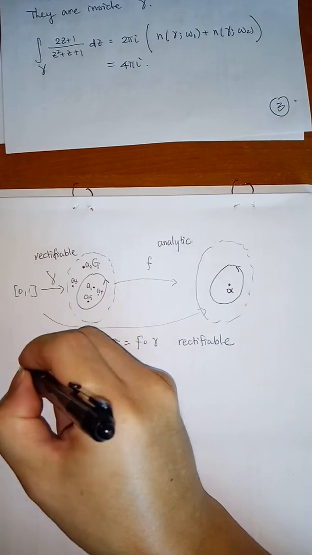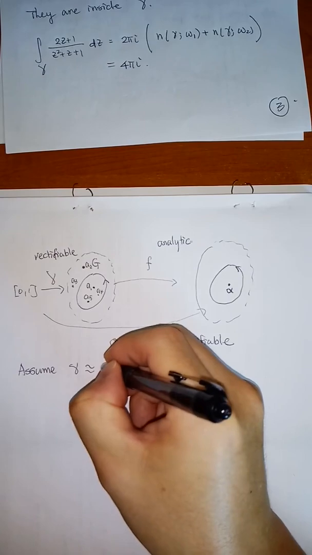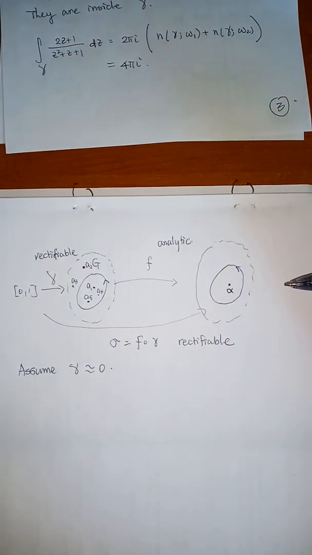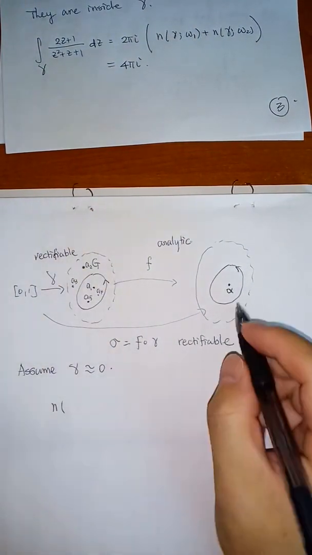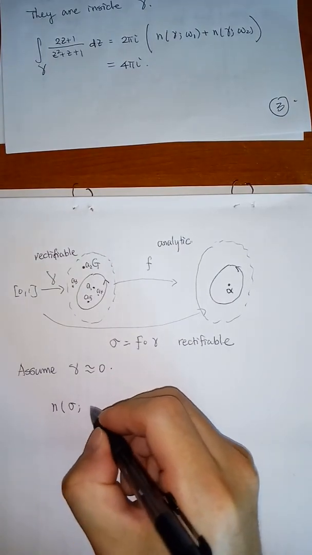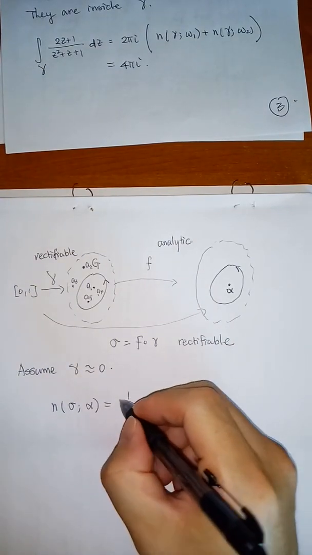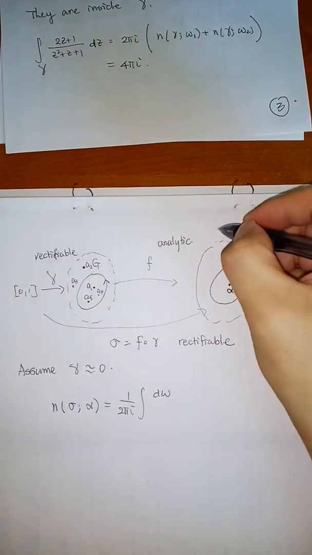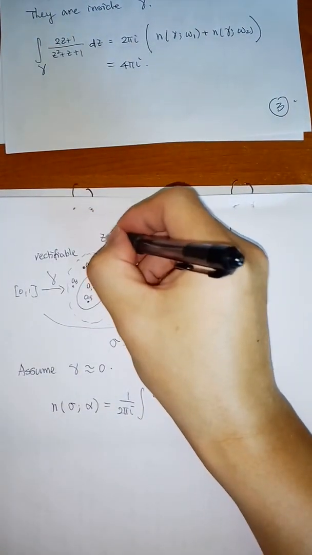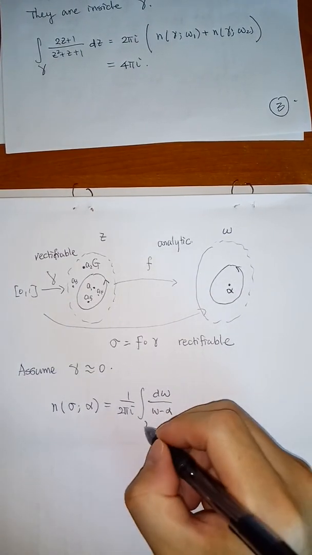The winding number of sigma with respect to alpha, by definition, is 1 over 2 pi I, the integral of dw over w minus alpha along sigma. Here, let's use w, and this place variable z.